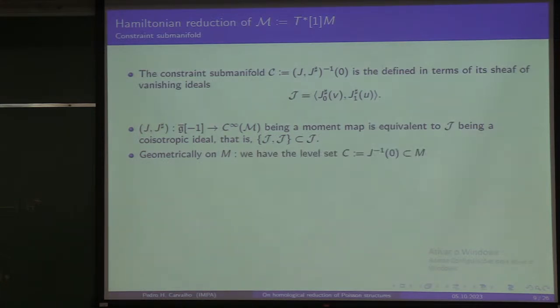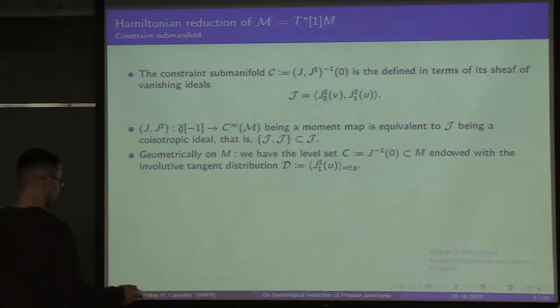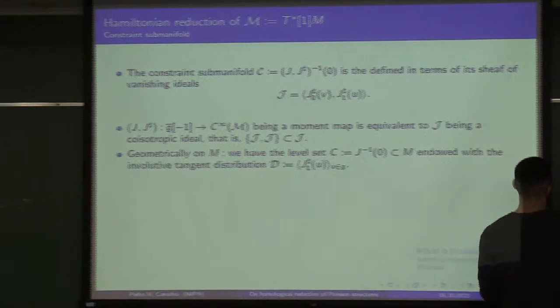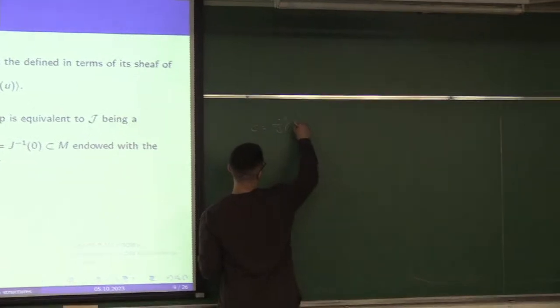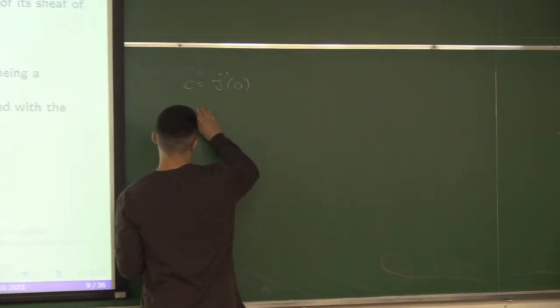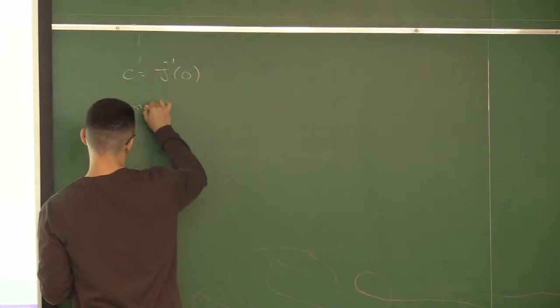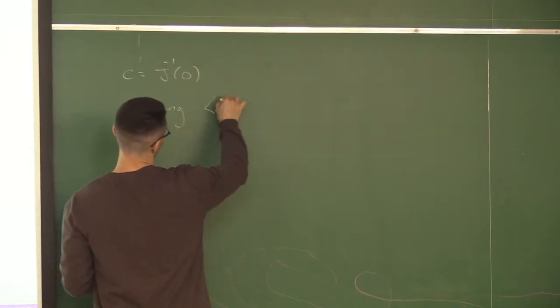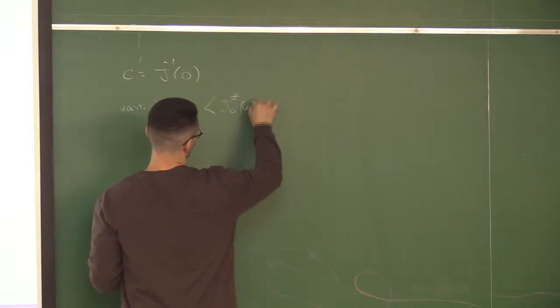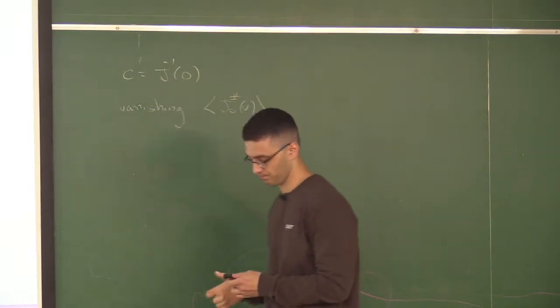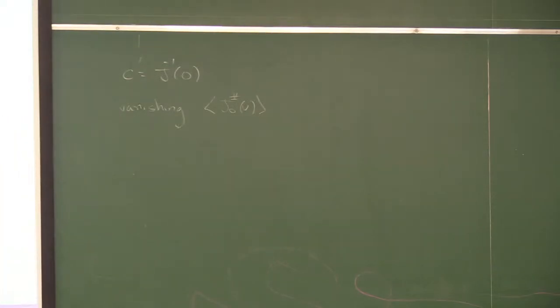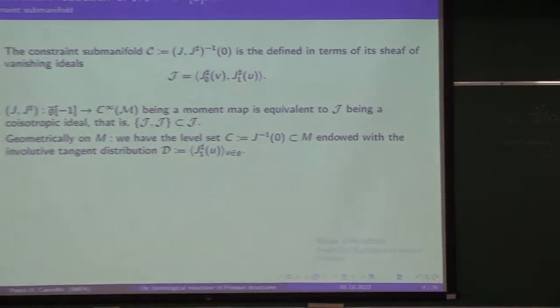So we have this guy, the constraint submanifold, and here I should say that this C that appears here is now the vanishing locus of the span of these degree 0 guys. Okay? So this part here is associated to this, and this part here is associated to this.